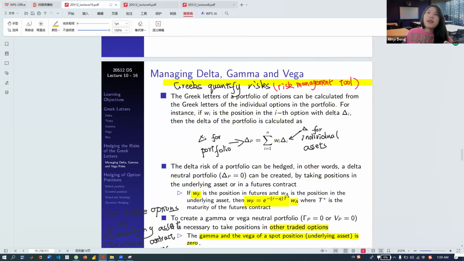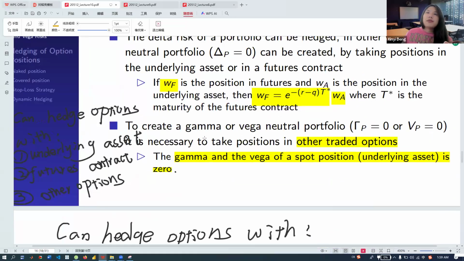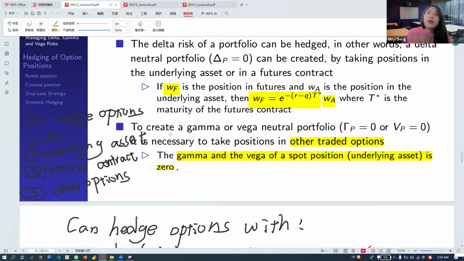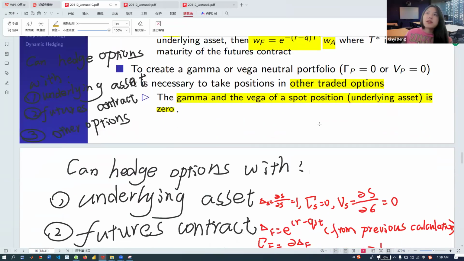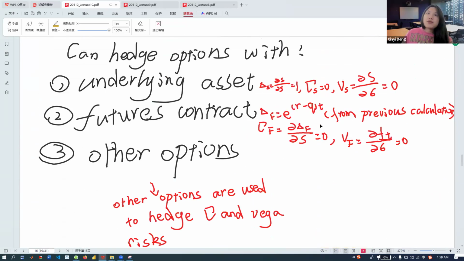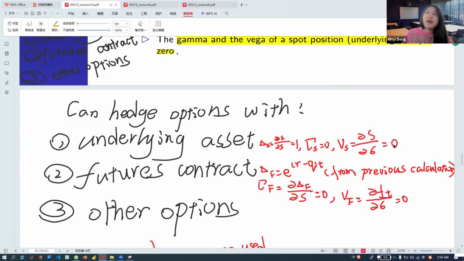In that scenario, in order to achieve gamma neutral or vega neutral, you have to take positions in other traded options, because other traded options have non-negative gamma and non-negative vega.